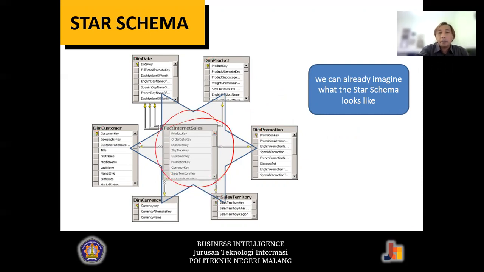So let me try to explain it more broadly. Why do we need this dimension, and why do we need this fact? Basically, the fact table will consist of the transactional data, and the dimension table will consist of the point of view of the transactions themselves.